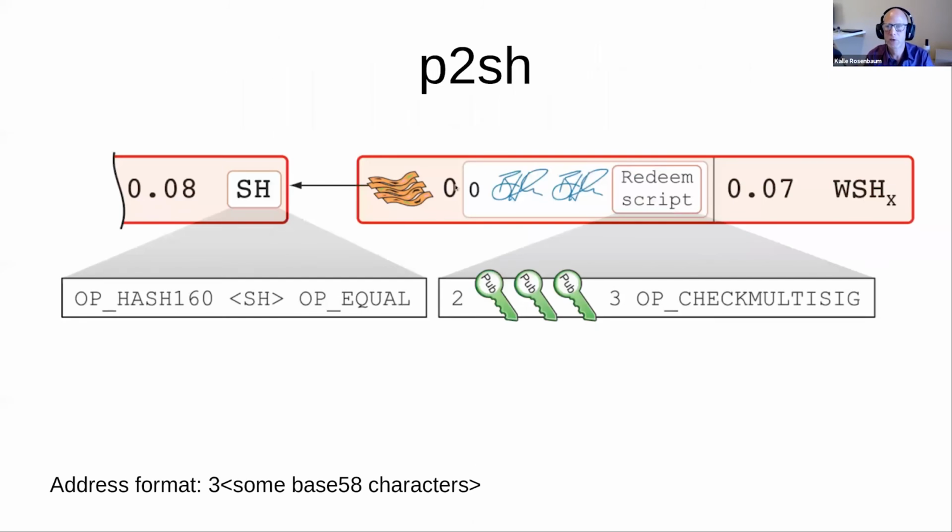And then you have the pay to script hash address format, which has a program like this in the output with the script hash here, which must match this redeem script here. And then you have some signatures that should satisfy this redeem script. These addresses look like 3 followed by some base 58 characters.